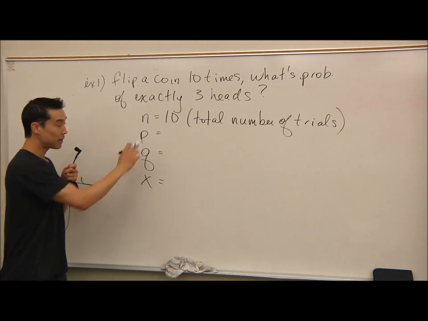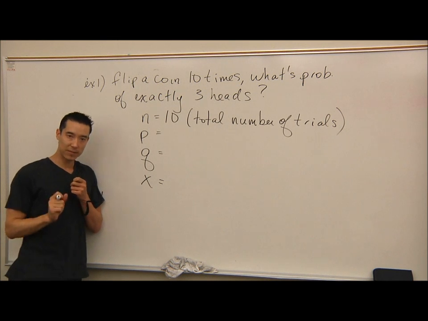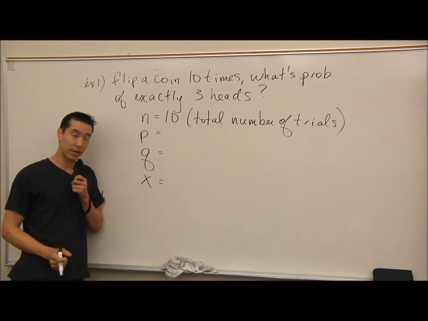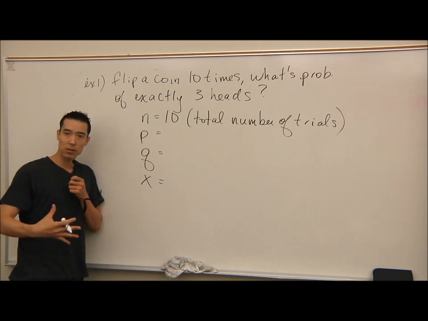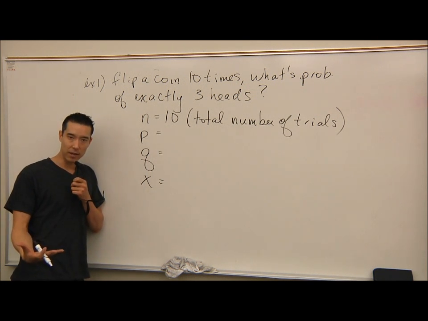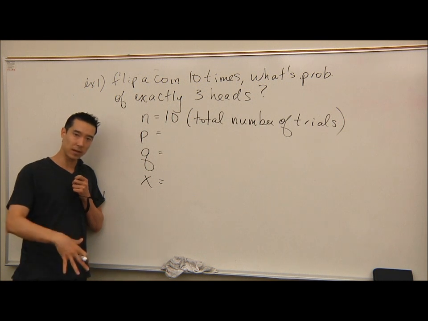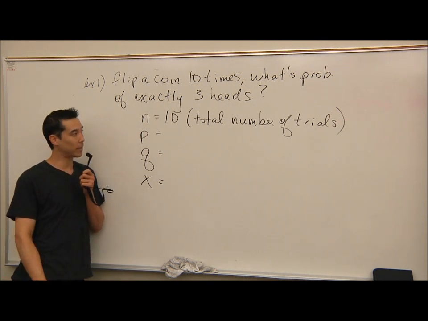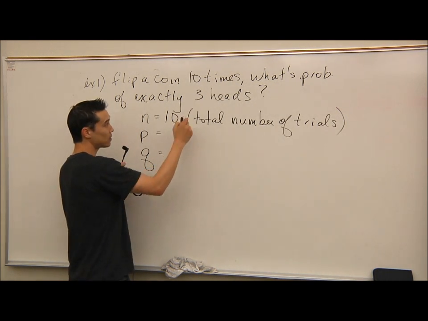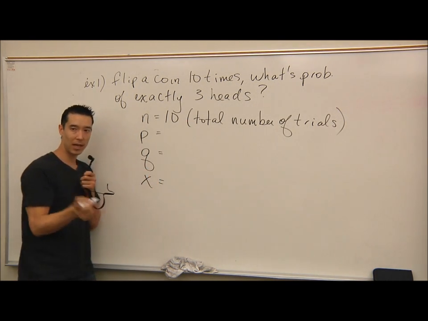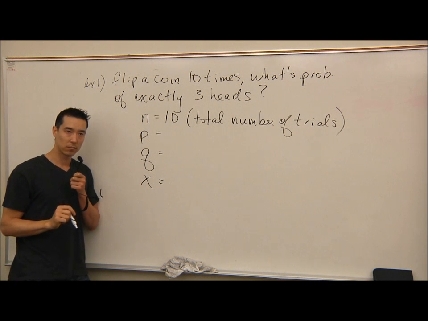Okay? P is your individual probability of success on a single trial. In this case, what am I looking for? I'm trying to find 3 heads. So your success is getting a head. And that would mean that failure is the opposite of getting a head, which would be getting a tail. So P is your individual probability of success. And in this case, what is my probability of getting a head on a single flip? 1 out of 2, right?